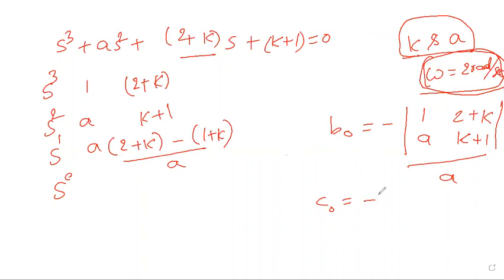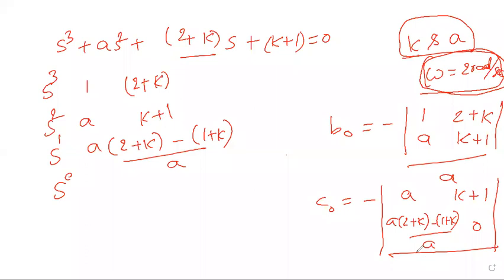It is (b naught into (k plus 1) minus a into 0) divided by this value. What is the value? k plus 1. Completed. The first row has 2 elements, the second row has 2 elements, the third row has 1 element, the fourth row has 1 element. Right.